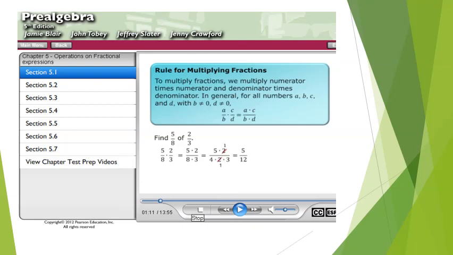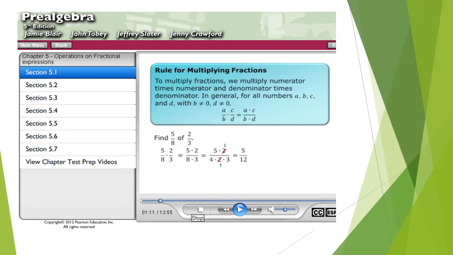But basically 5 times 2 is 10, 8 times 3 is 24. 10/24 is your answer. So what they've done is they've actually done the prime factorization method. I strongly advise, and I'm going to say this for 5.2 also, I strongly advise before we start 5.2 that you watch the video for prime factorization.